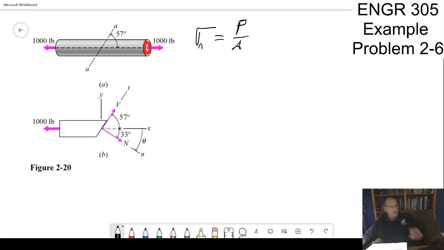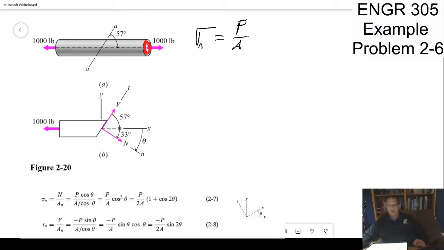In this case, we've got the oblique angle, and so we have to use the transformation equations from this section.